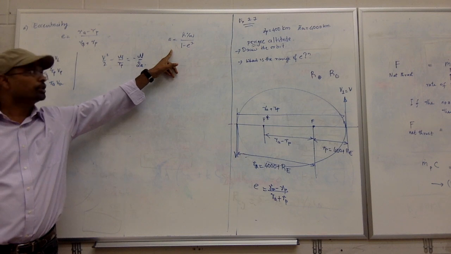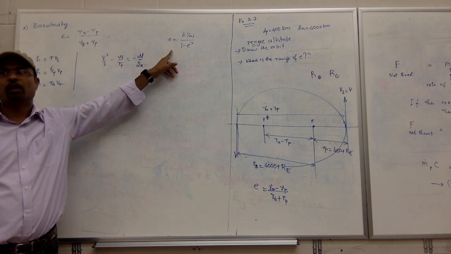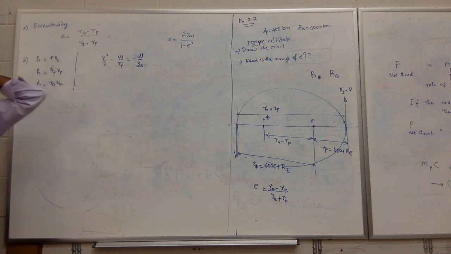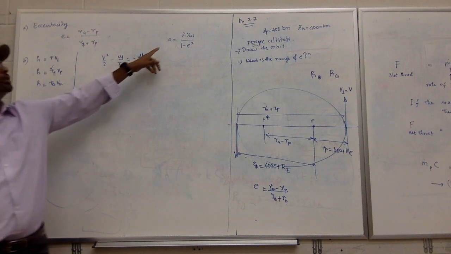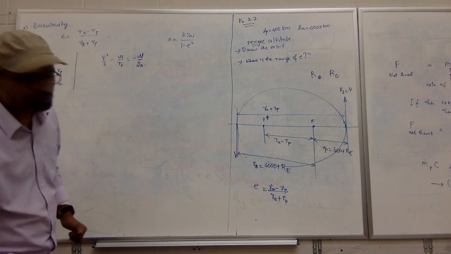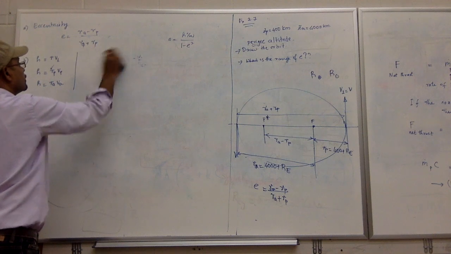Here, what is known? How do you calculate A, guys? A is very simple. If you use this formula, what is being asked?